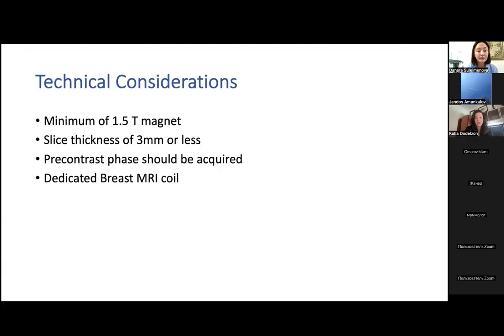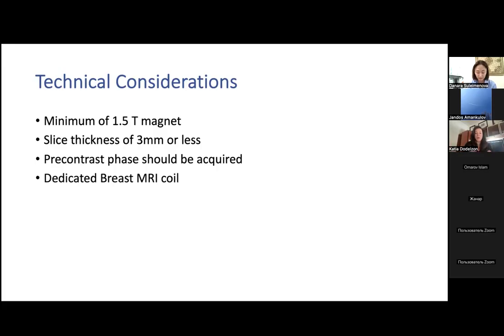Pre-contrast phase images should be acquired before the administration of contrast, and you need a dedicated breast MRI coil. Currently, the breast MRI coil is done so that the positioning is prone, so the patient is lying on their stomach. The breasts are hanging down. They are not compressed, with a dedicated coil to image the breast.